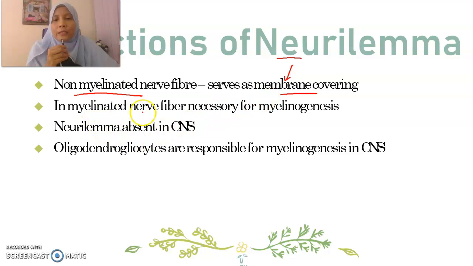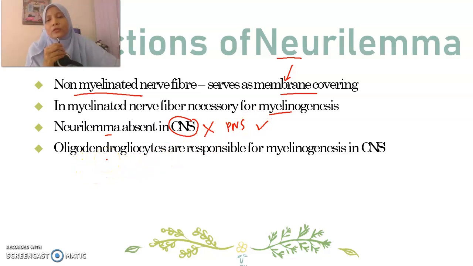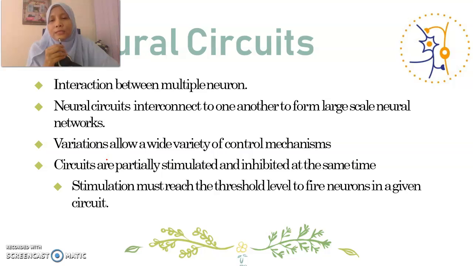In unmyelinated nerve fibers it is necessary for myelogenesis, but neurolemma is absent in the CNS. But it is present in the PNS.